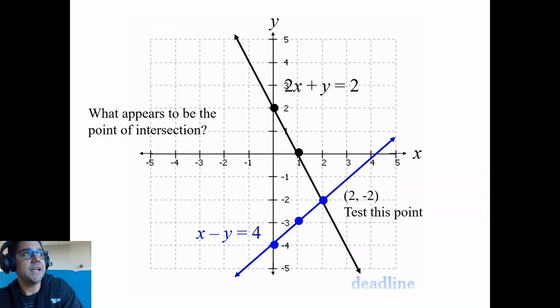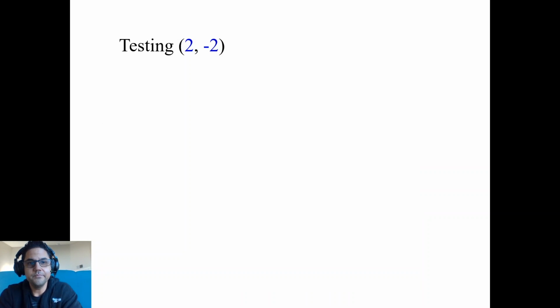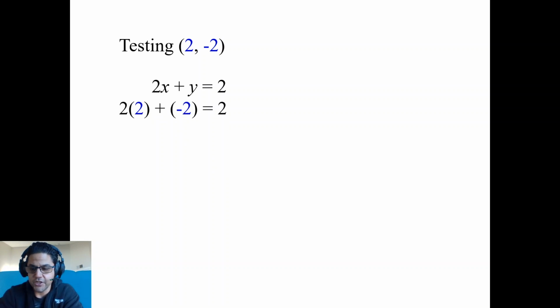But remember, sometimes our graphing might not be the greatest, so we're going to go ahead and test that point. I'm going to do it like example A and B. I'm going to substitute x is 2, y is -2, and see if it works for both equations. My first equation, 2 times 2 is 4, subtract 2, yeah, that definitely works.